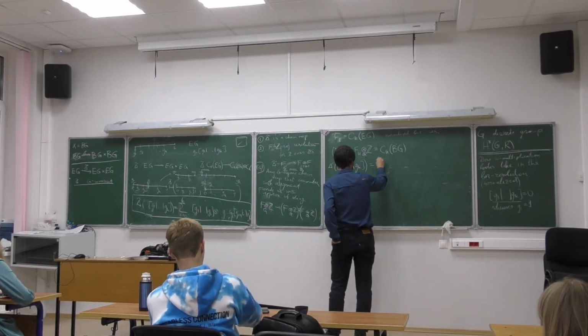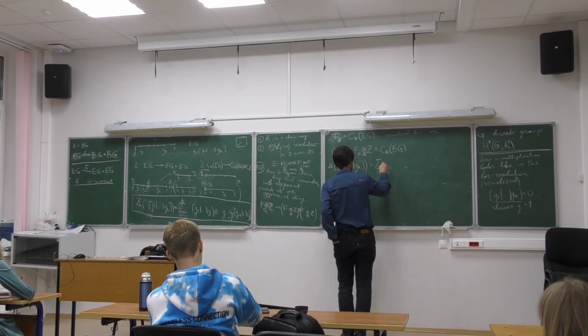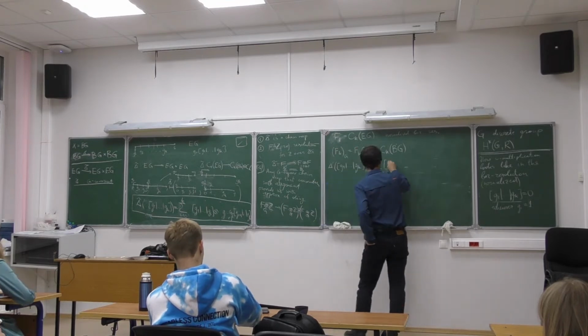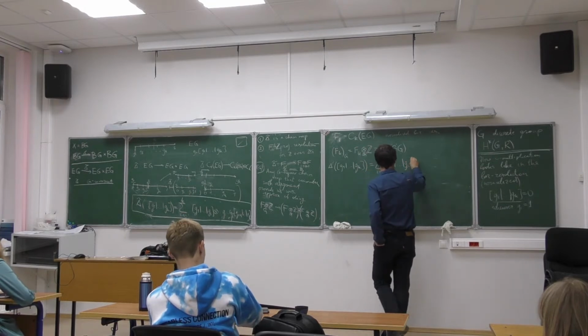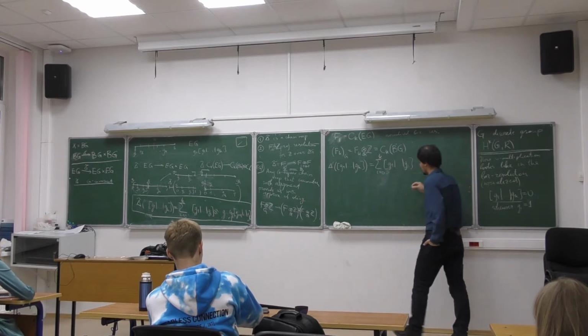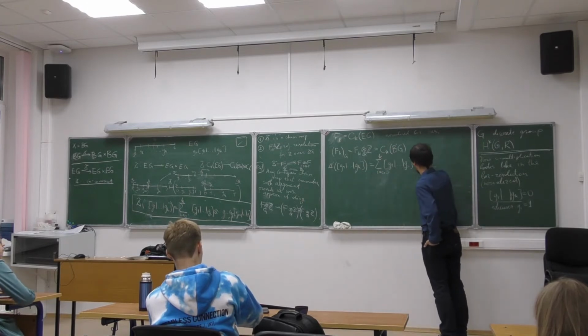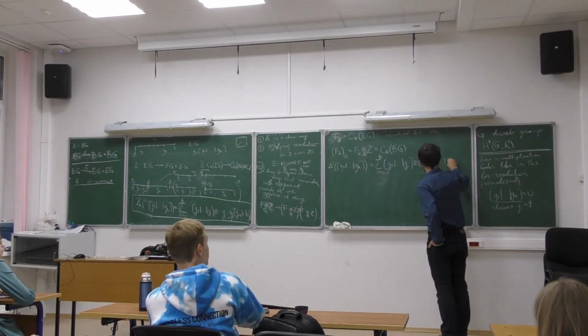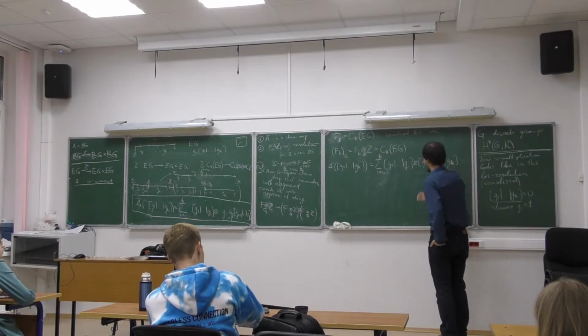It is the sum from i equals 0 to k. Here we just divide our tuple of group elements into two parts. Okay.